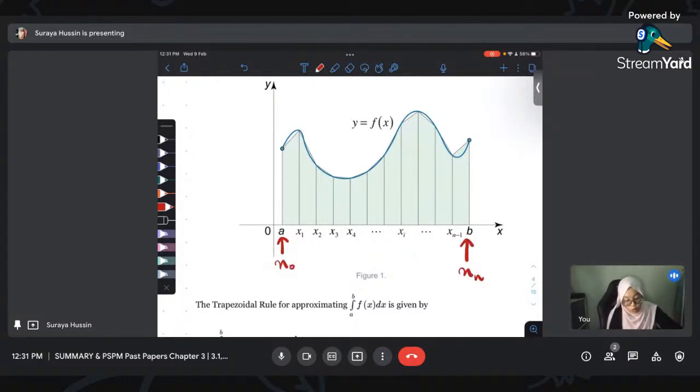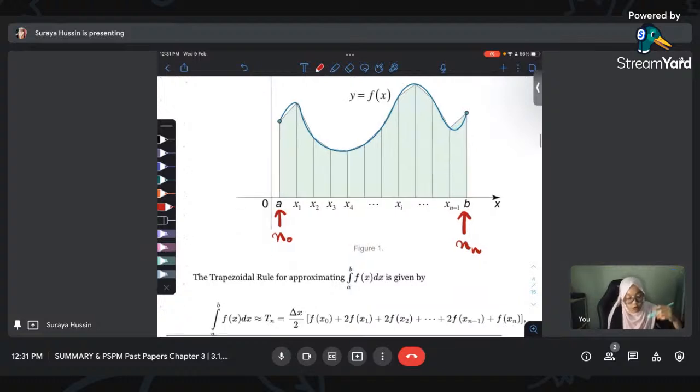Ini hujung-hujung kita sebab you faham bila cari integral, bila cari area, mestilah daripada hujung ke hujung. So hujung ke hujung adalah A to B lah. That's why hujung ke hujung ni sangat-sangat penting, VVIP, dalam membuat trapezoidal rule.